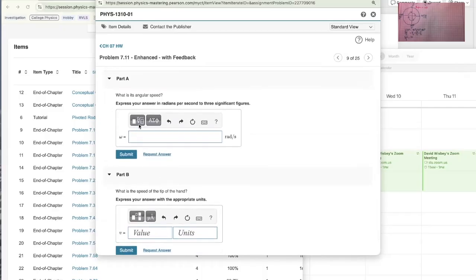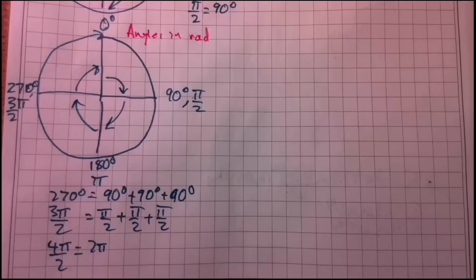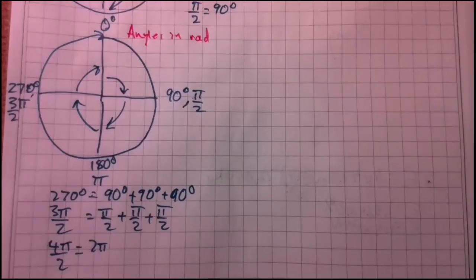We need to talk about, first of all, when we say angular speed, what does that mean? Because we know what normal speed is. That's how fast the distance is changing. But angular speed would be basically the rate that the angle is changing.